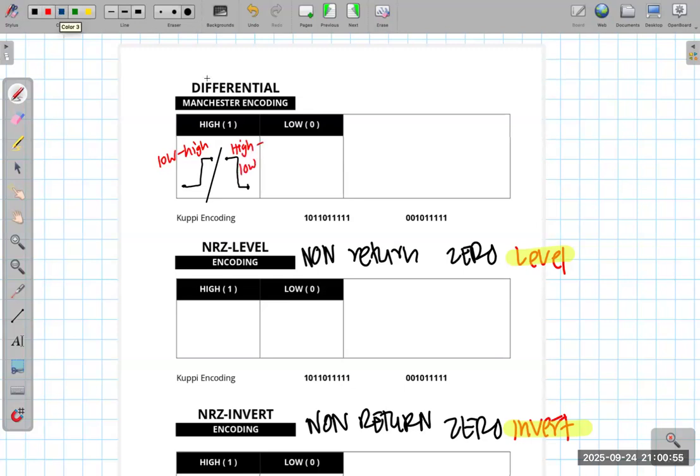If it's 0, it will go from high to low to high. Let me map it and show you how these bits work.